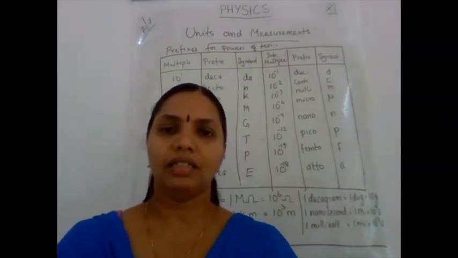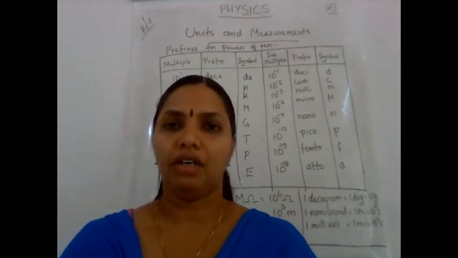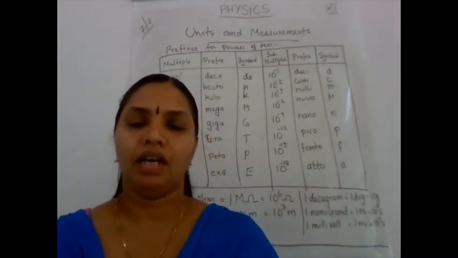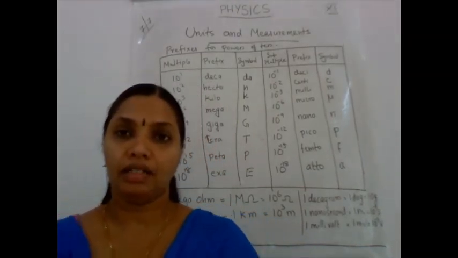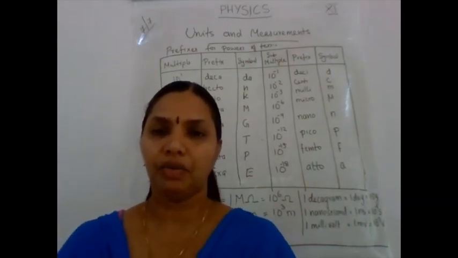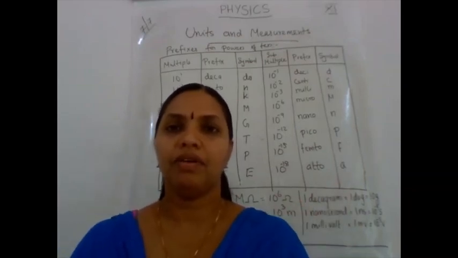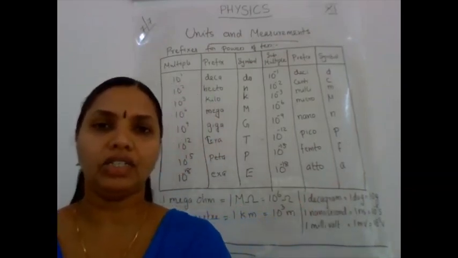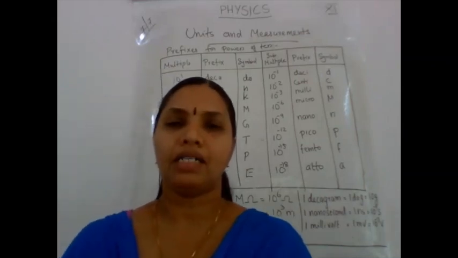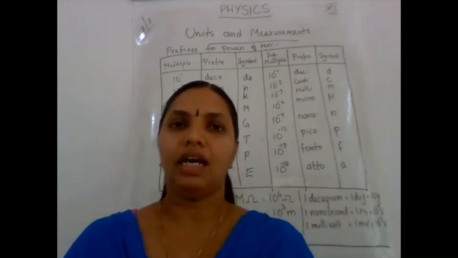So, in the last class, we discussed the different physical quantities, classification, and units, system of units, classification of units, and the ranges of physical quantities, the different ranges in the case of length, mass, time, and how we measure smaller length and larger length.